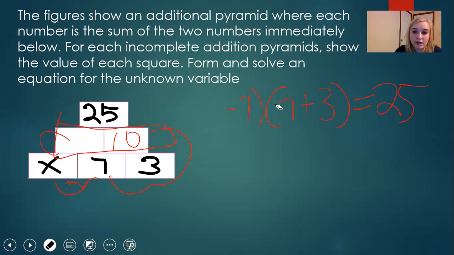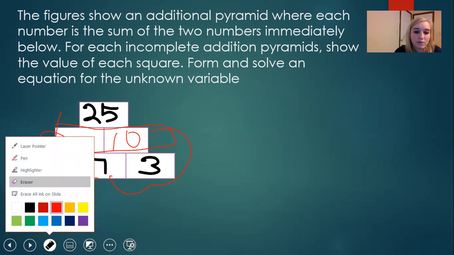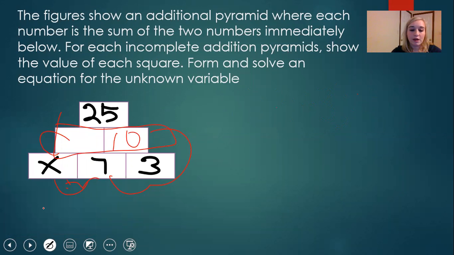So what I can do is I can rewrite it another way. And I can do x plus 7 plus 10 equals 25.